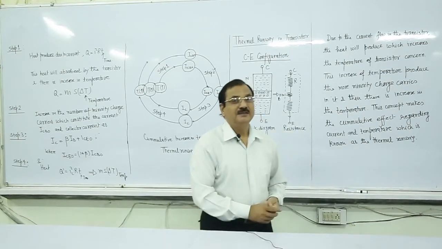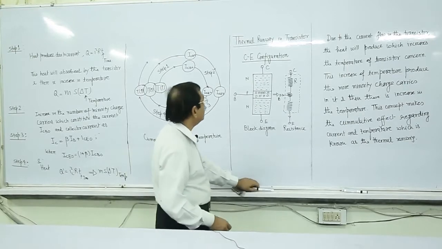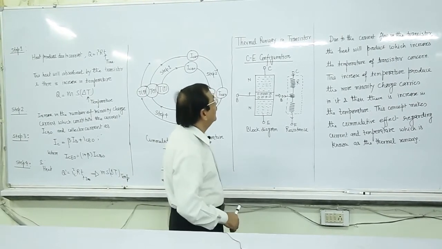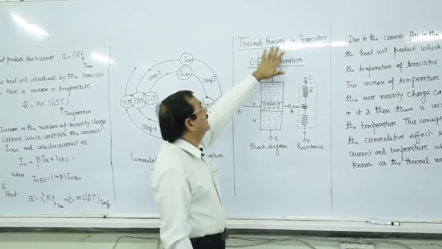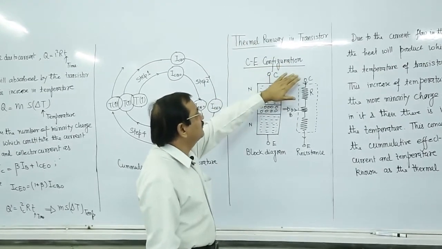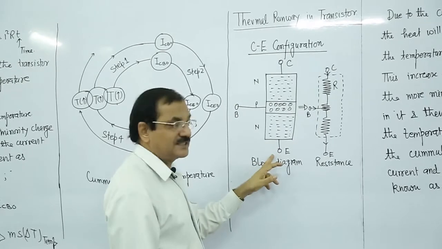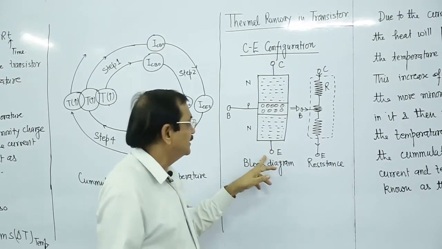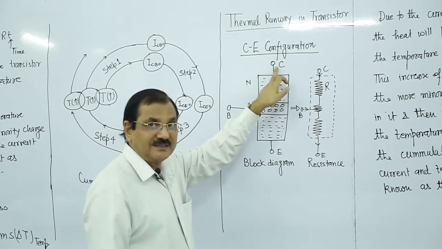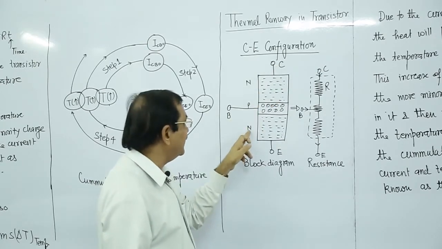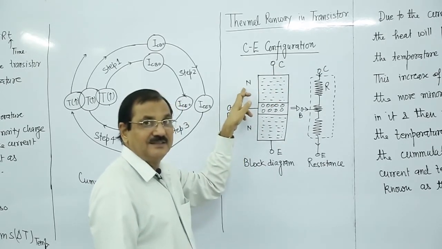So this part is thermal runaway. In common emitter configuration, we have the emitter grounded, it is common, and here it is base and collector. Consider an NPN transistor.